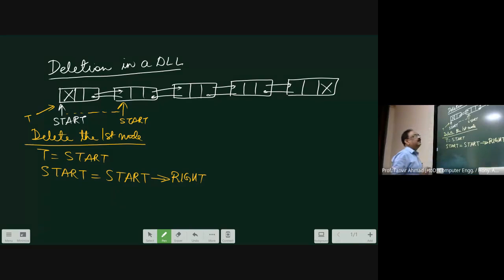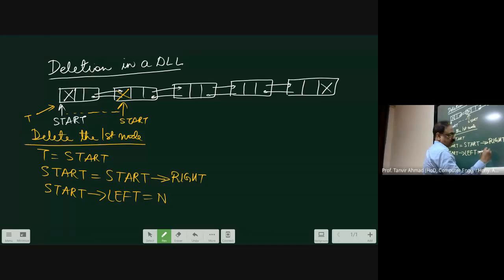Now, before that, I'll put a link null over here. Therefore, I'll say start of left is equal to null, and then return.